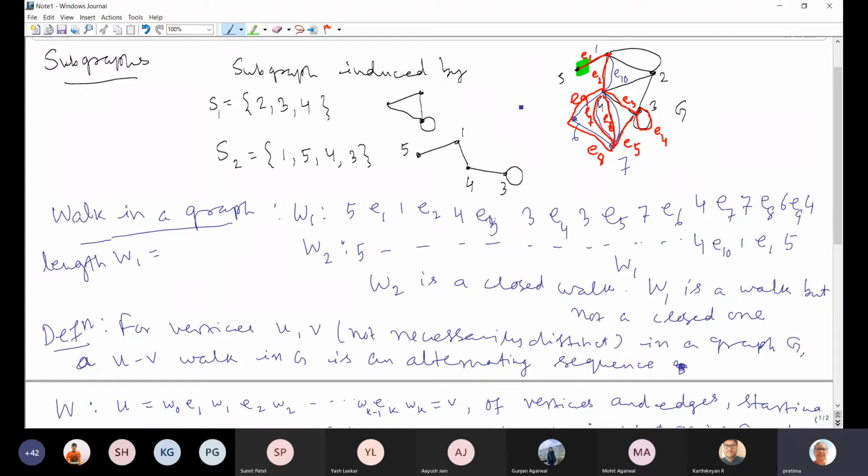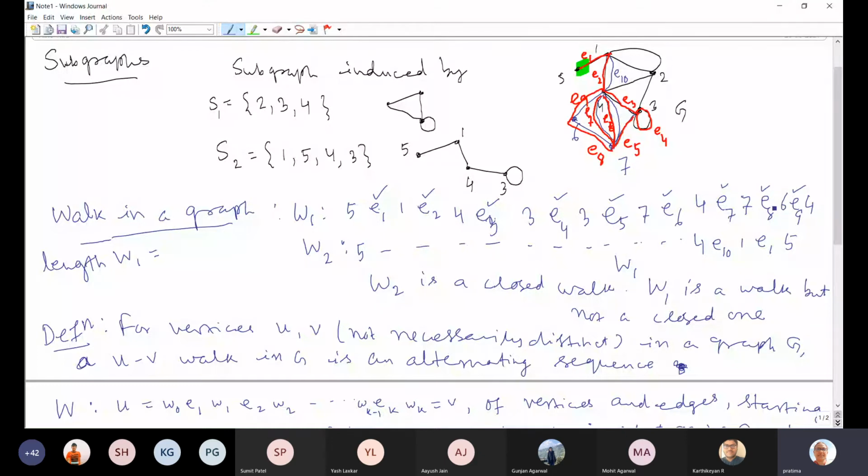These are the edges: 1, 2, 3, 4, 5, 6, 7, 8, 9.